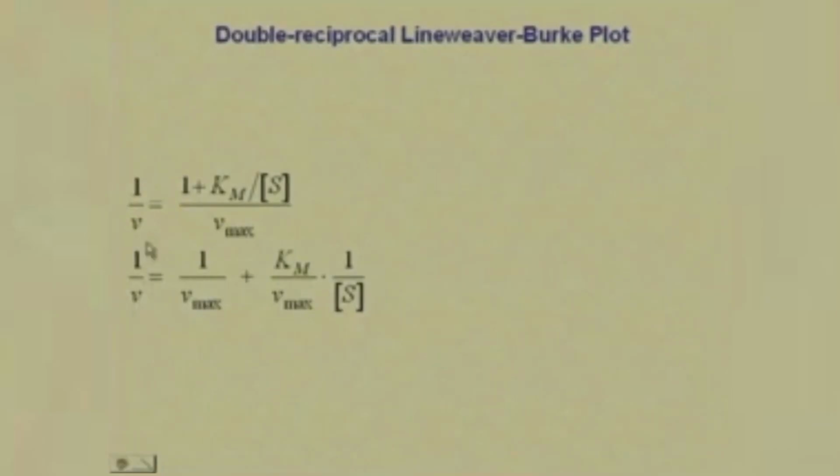So, what do we have? We have 1 by V equals 1 by Vmax plus Km by Vmax times 1 by S. What am I plotting? 1 by V on the y-axis, 1 by S on the x-axis, and what do I get as the intercept? 1 by Vmax. What is my slope? Km by Vmax.